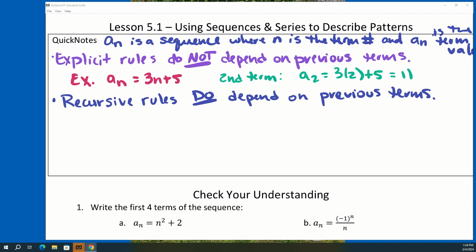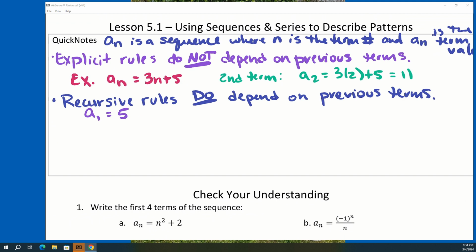In a recursive rule, you are required to have two parts. You can't just have a single part like an explicit rule. So on a recursive rule, they have to tell you the first term, or at least a term. Usually it is the first term. So we'll say in this rule, a sub 1 is 5.